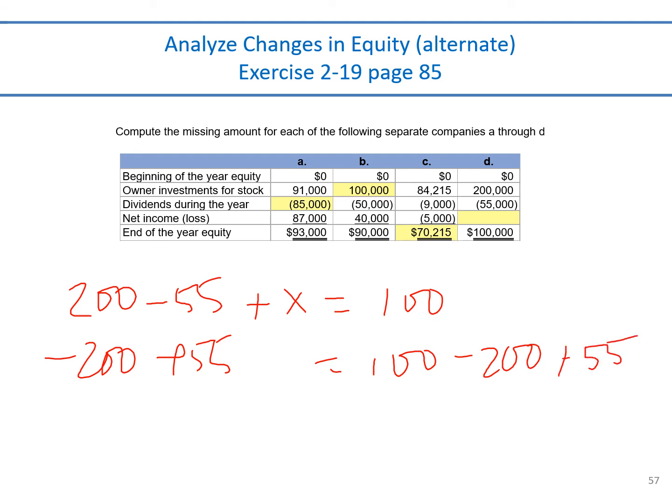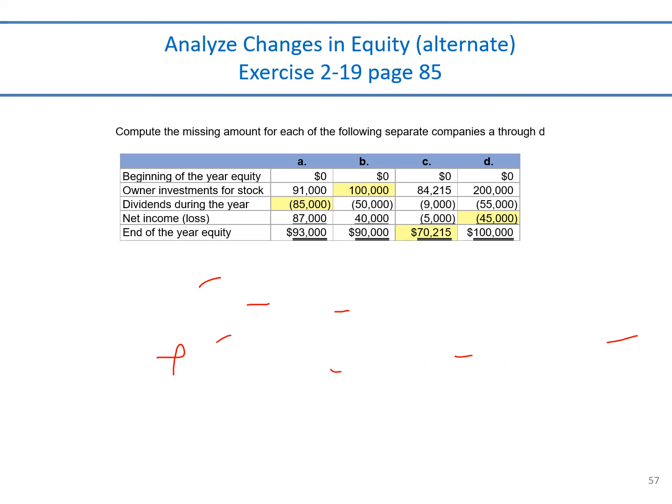You have to do the same thing to both sides of the equation, right? It's the rule of algebra. I love that class, by the way. All right, so then you have X equal to 100 minus 200 plus 55. So we have net loss in our last year, or last example, of $45,000. Okay, so hopefully you did well on those.